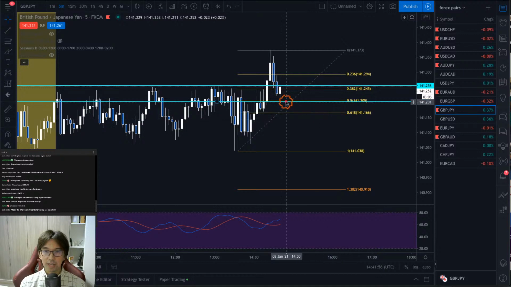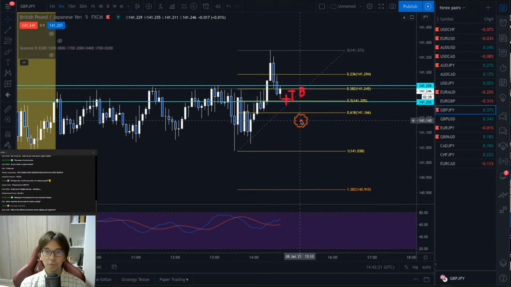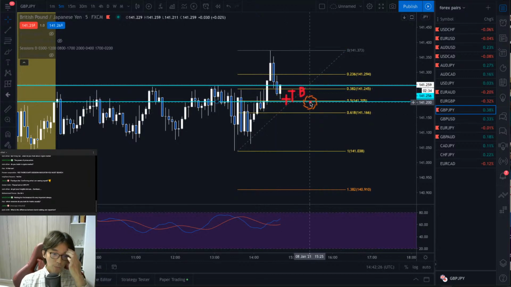Or outside, right? Outside can happen too. So outside bar around this area and breaks out, that will be a buy too at the candle close. Or we might have a doji candle and breakout, that will be a buy too. So I would focus on these candlestick patterns to add more confirmation to enter the buy.